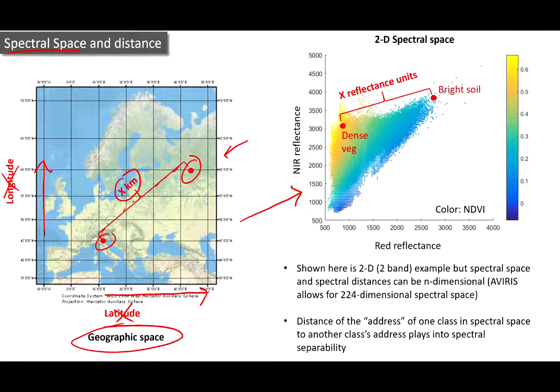The same thing applies in spectral space, except the addresses, instead of being cities or latitudes and longitudes, are in terms of reflectances.